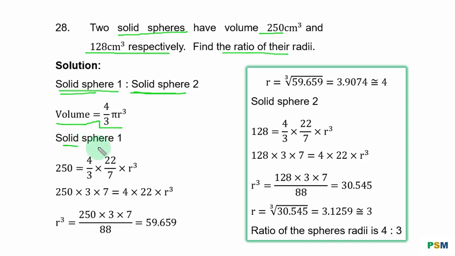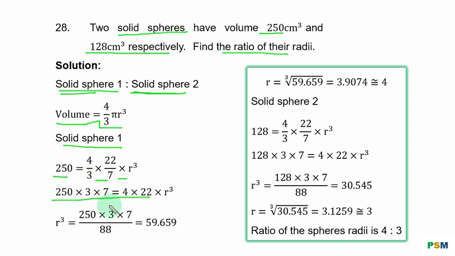Solid sphere 1, the volume is equal to 250 equal to 4 over 3 times 22 over 7 times r cubed. Multiply through by 3 times 7 to clear fractions.